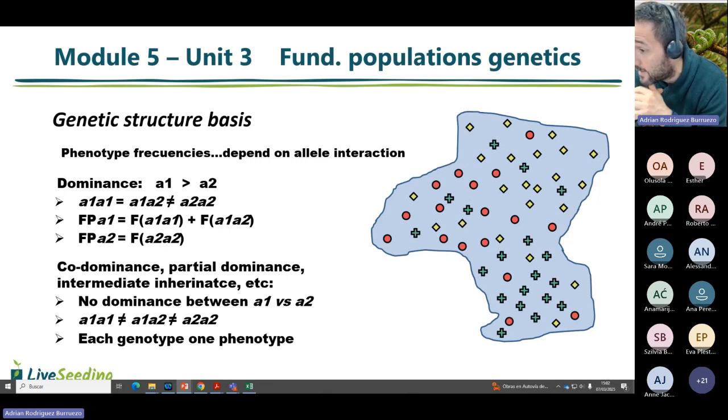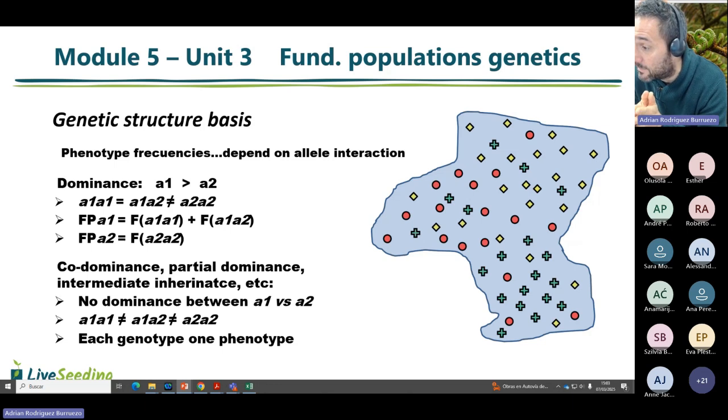Alternatively, if we're in a case of codominance, partial dominance, intermediate inheritance, etc., I mean, any case where there is not a clear dominance between A1 or A2, that means that the heterozygous genotypes show a specific phenotype.